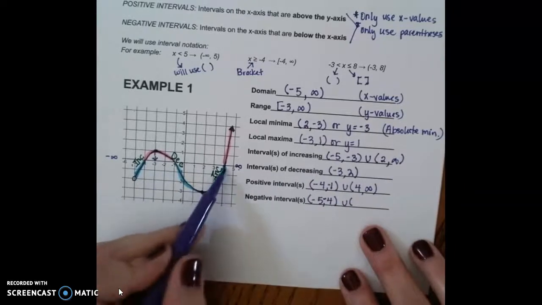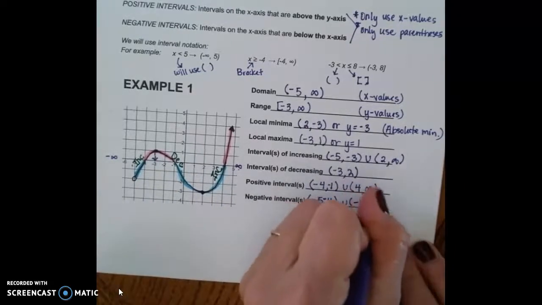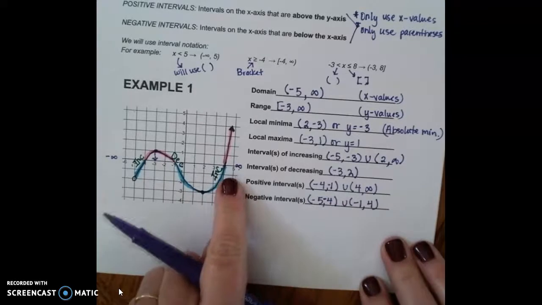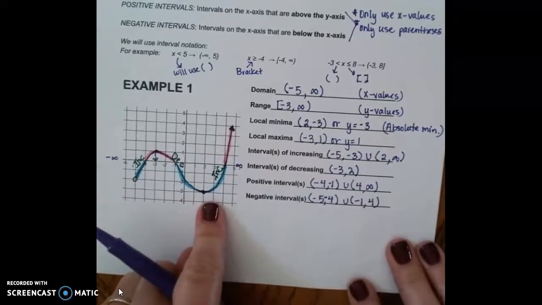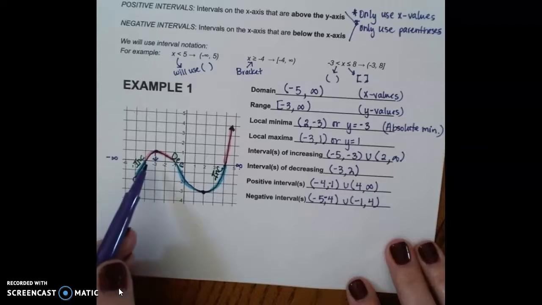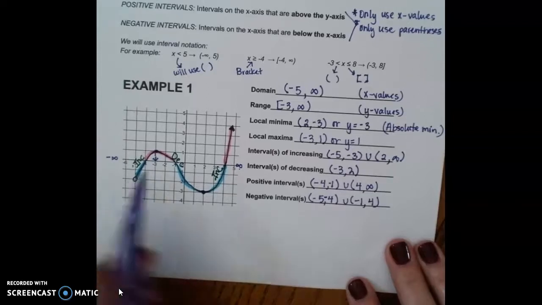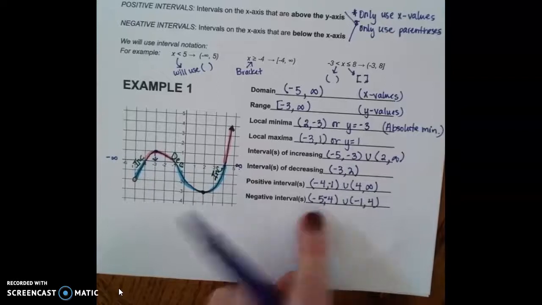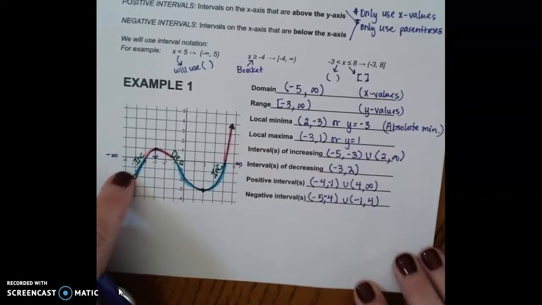And then -1 to 4 for our other interval below the x-axis, okay? So if this had an arrow at the end, it would have been -infinity to -4, but because of this open circle, we're going to get a parenthesis, and it started at an x value of -5.